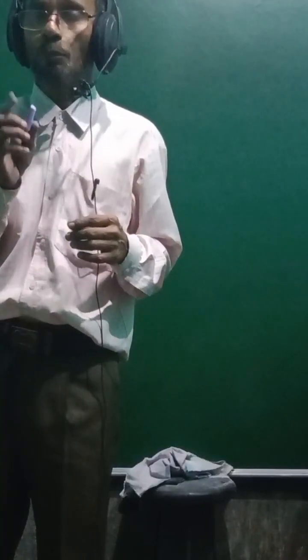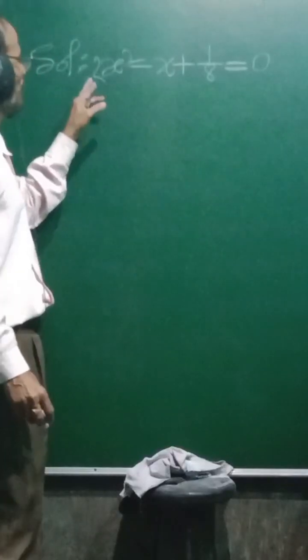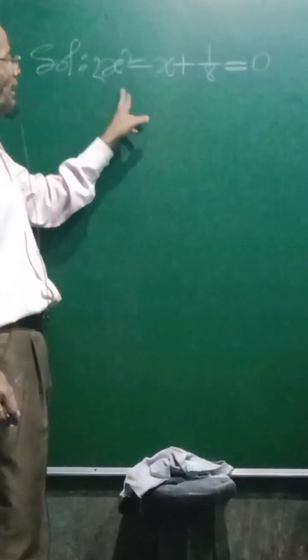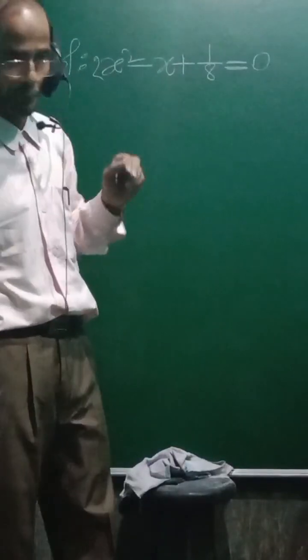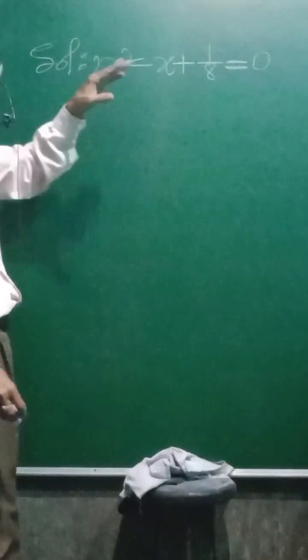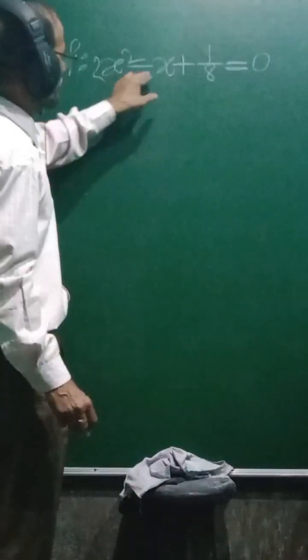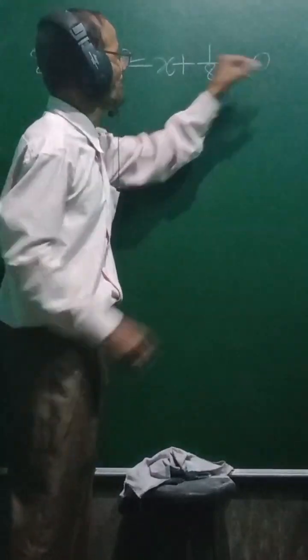Now we are taking one important problem from exercise 4.2, which is based on the factorization method. The question was: solve the quadratic equation by factorization method. This is the equation. So I am directly taking in solution 2x square minus x plus 1 by 8 is equal to 0.